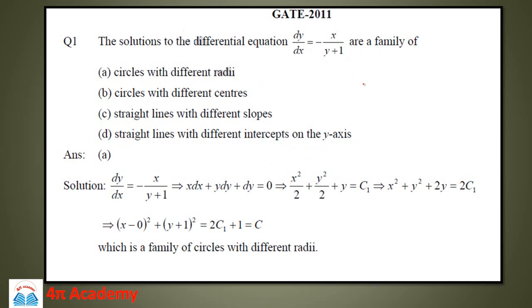So this problem is based on differential equations, but you have to write the solution in the form of an equation of a circle or a straight line. So we will find the solution, and then we will see whether the solution is in terms of a straight line or the equation of a circle.